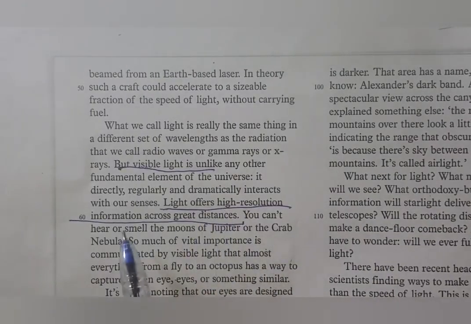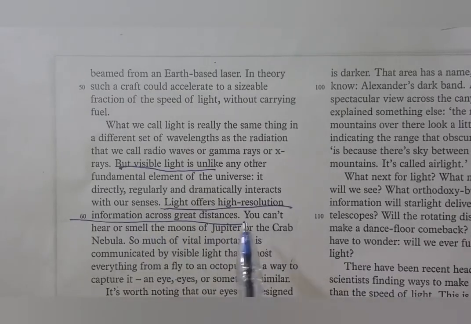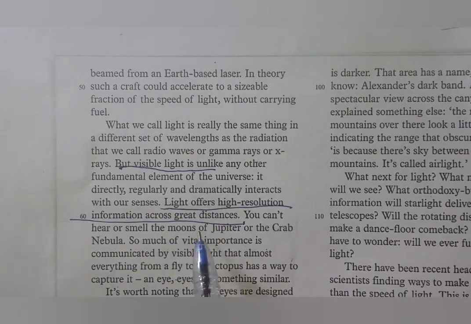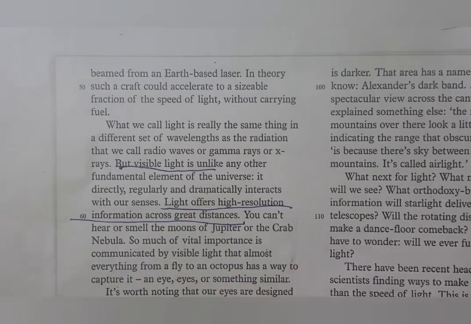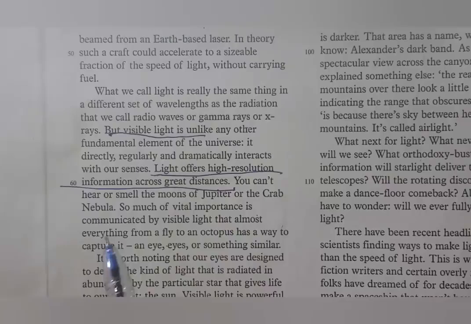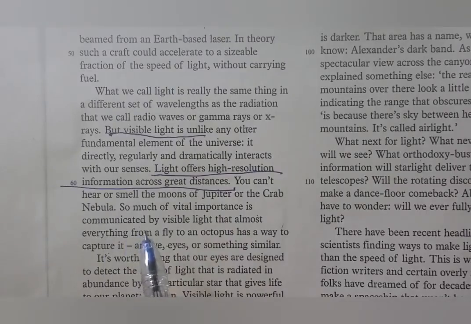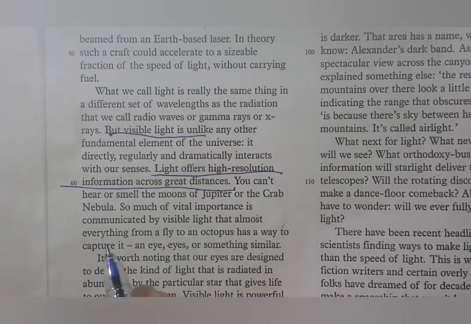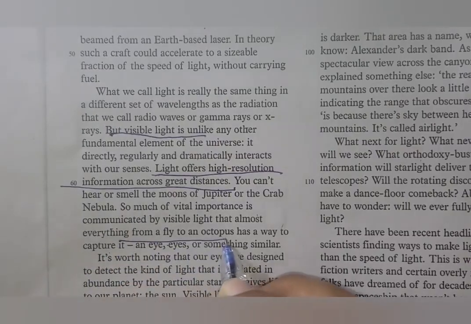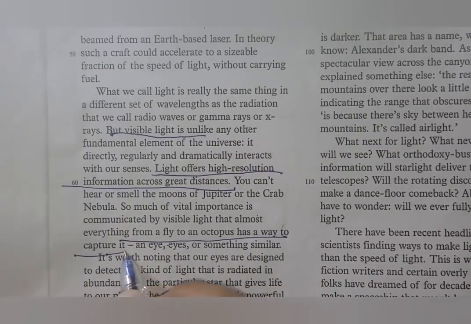Light offers high resolution information across great distances. You can't hear or smell the moons of Jupiter or the Crab Nebula. So much of vital information is communicated by visible light that almost everything from a fly to an octopus has a way to capture it. I have got my answer.